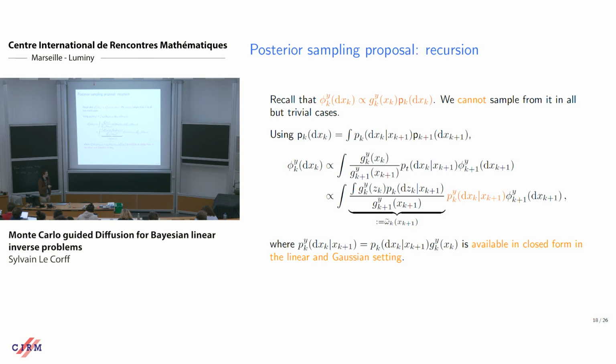So here you can see that you've got something to go from k plus 1 to k. We're going to use a proposal kernel, which is this one, to sample from individuals we've got at time k plus 1, individuals at time k, plug them in this recursion and weight them exactly as Nicola explained.